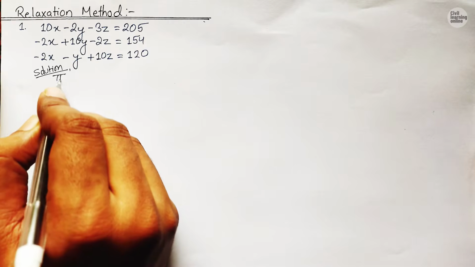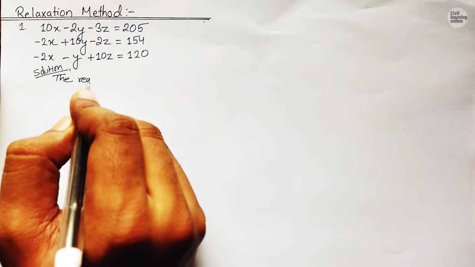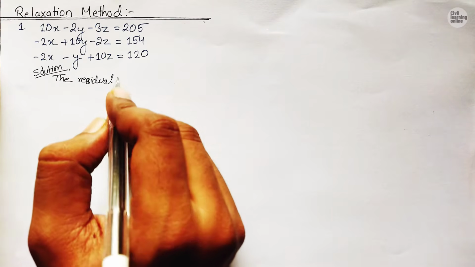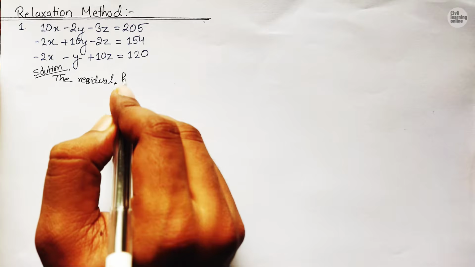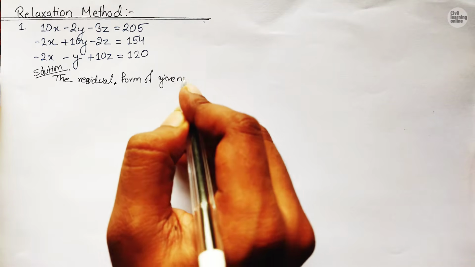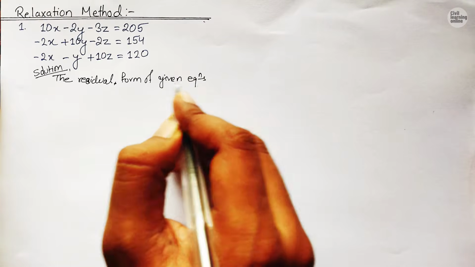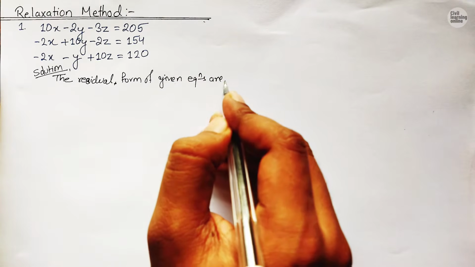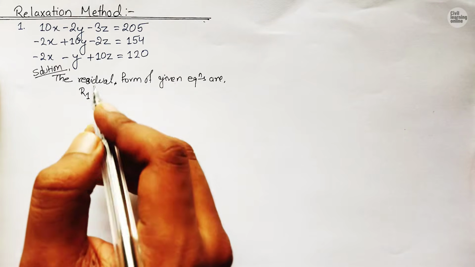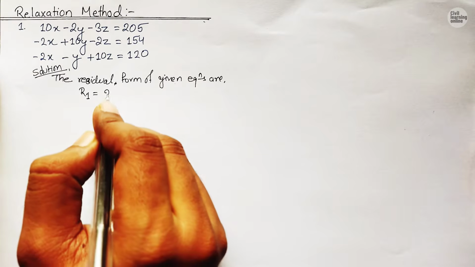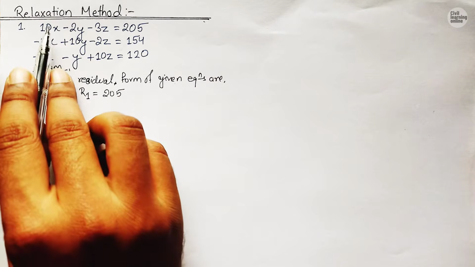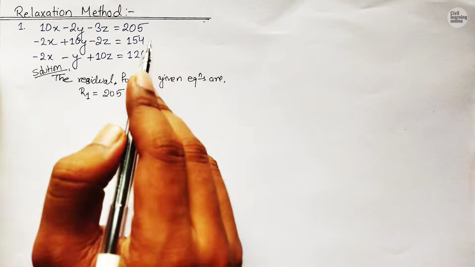So I am going to write a line here: the residual form of given equations are, let the equation residuals be represented by r1 for equation 1. So r1 will be equals to 205, and bring all the terms carrying variable to the other side of equals to.